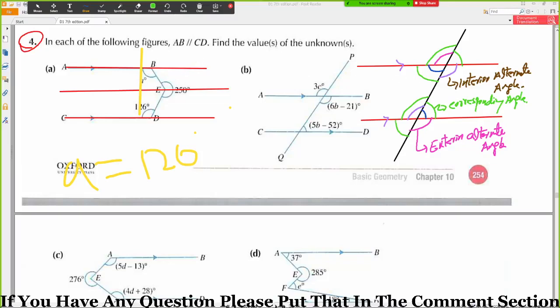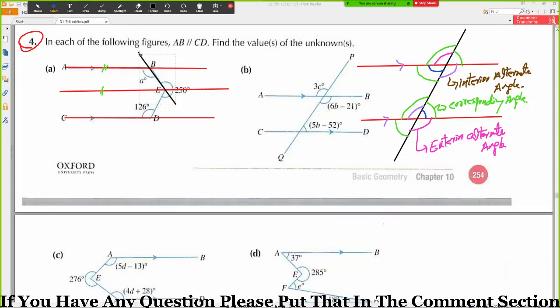So look here, in this case, which one is the black line? These two lines are parallel to each other, and the black line is this one, the one I drew there, and this black line is crossing these two parallel lines. So in this case the alternate angles will be equal to each other.